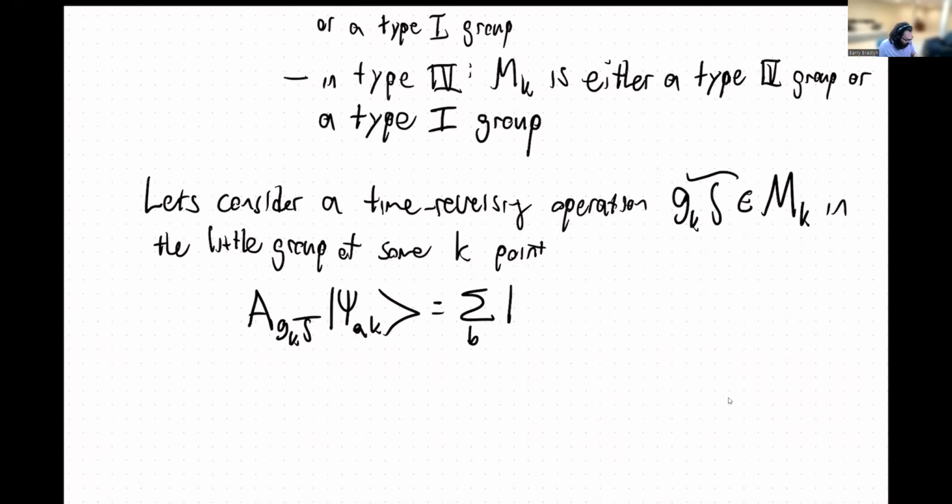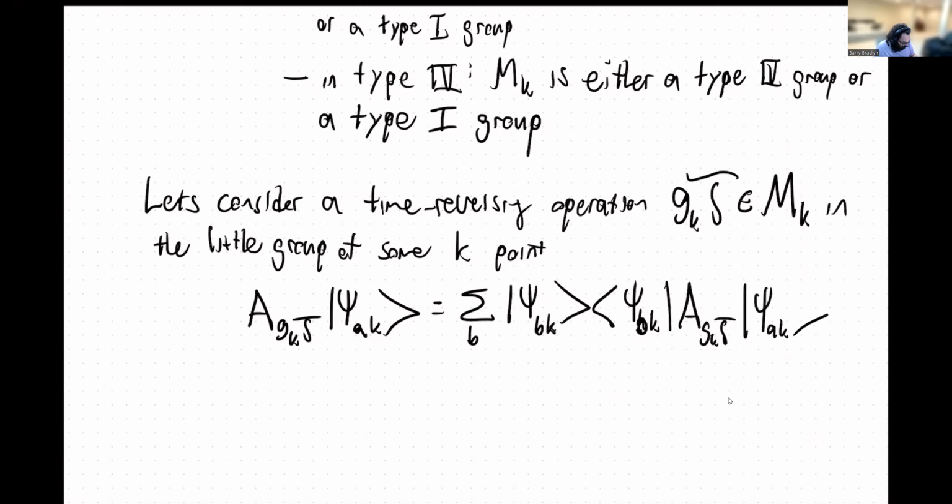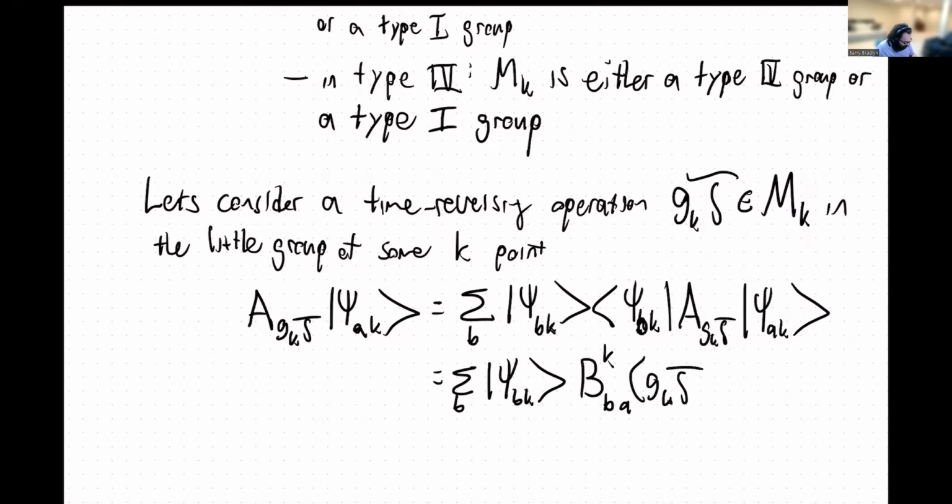And by inserting a complete set of states, we can define a sewing matrix for this anti-unitary symmetry. And that sewing matrix was our B K of GK times time reversal.